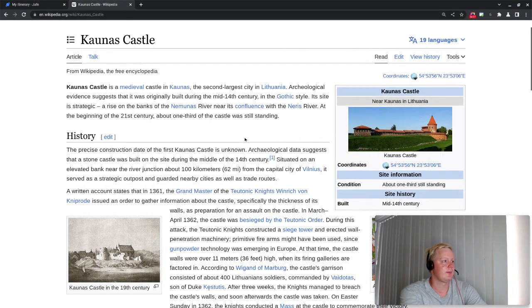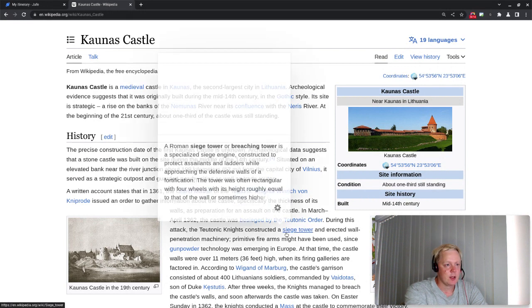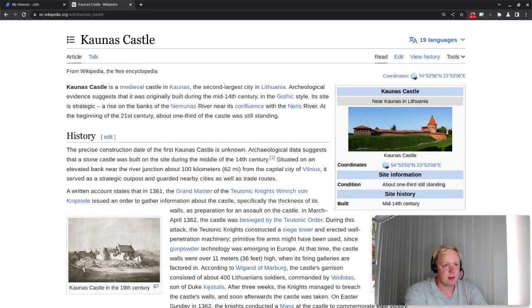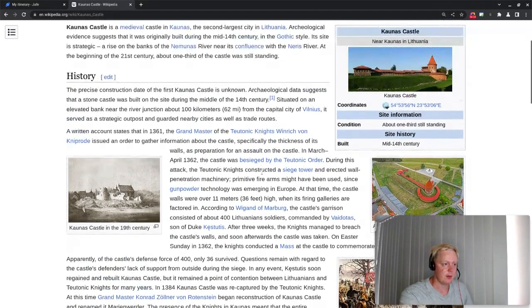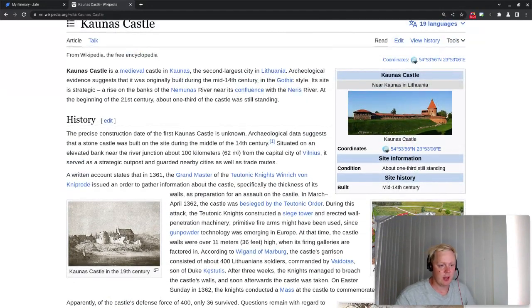Kaunas Castle is a medieval castle in Kaunas in Lithuania. And here we have a picture of it. So that is Gladys's destination at this time. So she's in Lithuania in a castle, and we can actually see where we're going in the map as well.